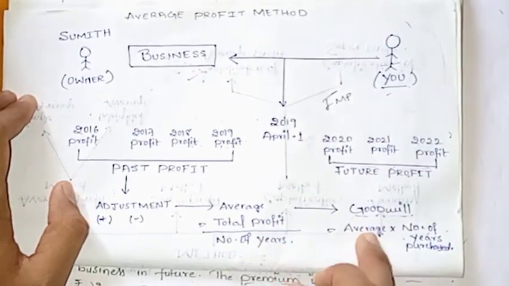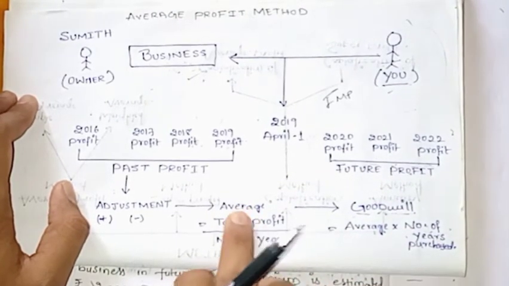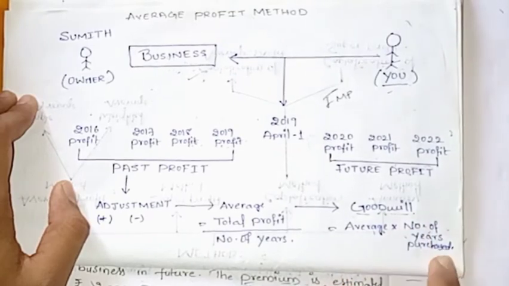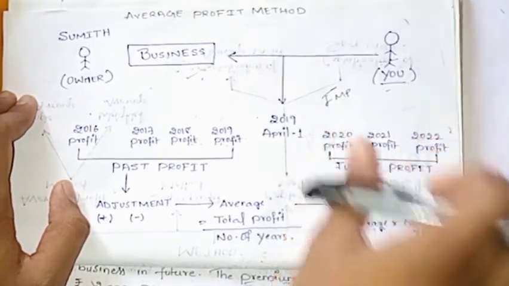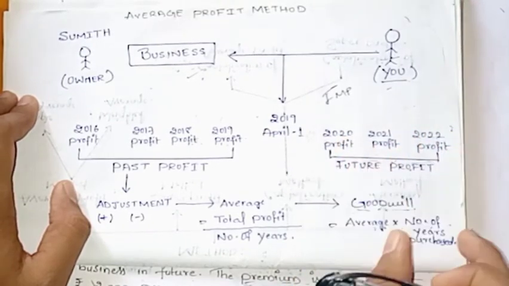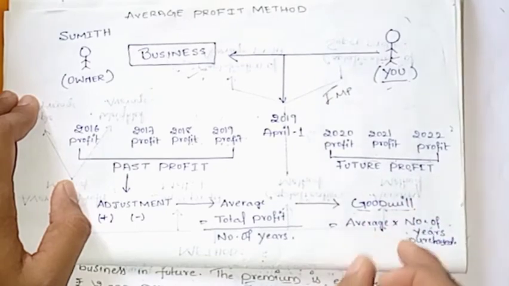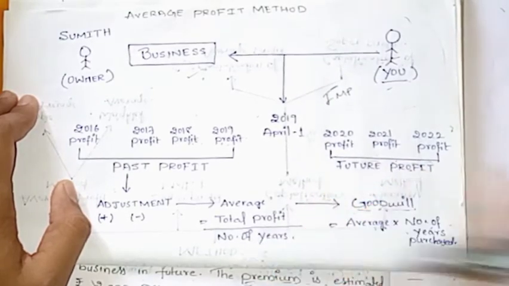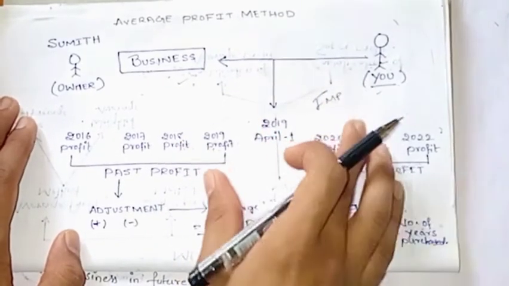Here our average profit is 1 lakh. So 1 lakh into the number of years of purchase, that is 2020, 2021 and 2022, 3 years, so 1 lakh into 3, that is 3 lakhs, is the goodwill. For example, okay. So this is the simple method of the average profit method, right?